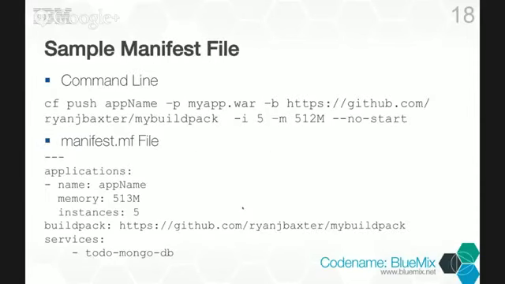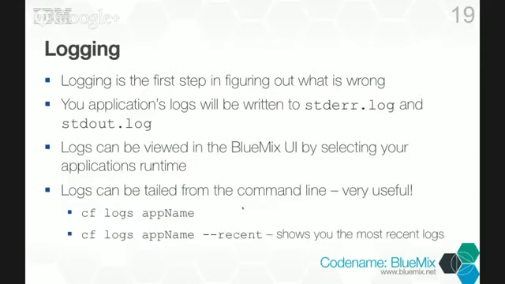You can transform the above CF push command into the below manifest file, and once you've done that, you just do CF push, and it will automatically use the manifest file. That's what we actually did in the demo. That's why our command line was so simple. We're using a manifest file under the covers for the application.